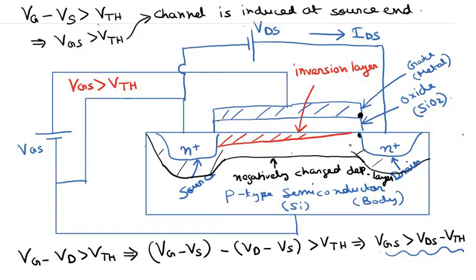Okay, and this part of the channel where it just pinches off, that is this point over here. Okay, I will just circle it in a bigger way so that it is visible. This point of the channel where the channel ceases to exist, or just pinches off, has a voltage which is equal to VDS sat.